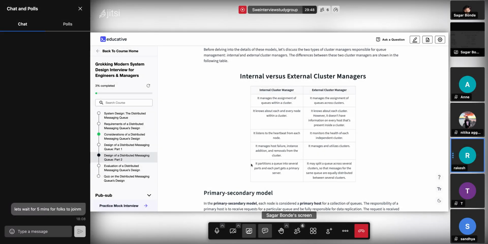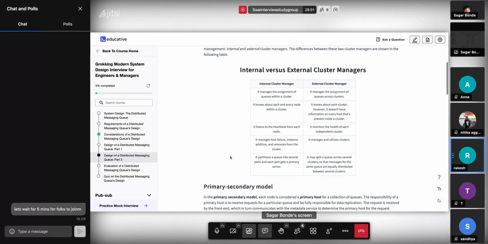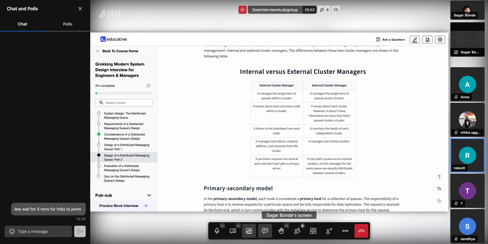But in case of internal cluster manager, it partitions a queue into several parts, and each part gets a primary server. And in case of external, it may split a queue across several clusters so that messages for the same queue are equally distributed between several clusters.